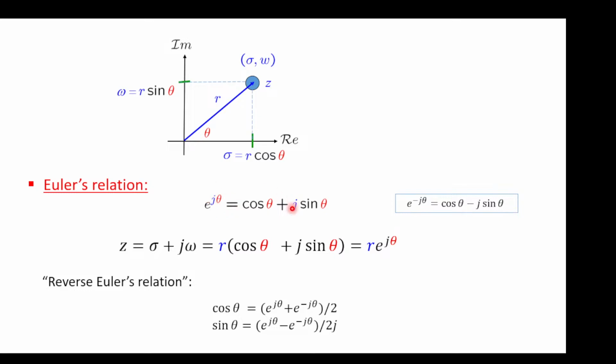And remember, this j is the complex number j, and e is the natural base e. So if e to the j theta equals cosine theta plus j sine theta, then our complex number sigma plus j omega will equal r cosine theta plus j r sine theta. This is just from the trigonometry we calculated already: sigma equals r cosine theta and omega equals r sine theta.